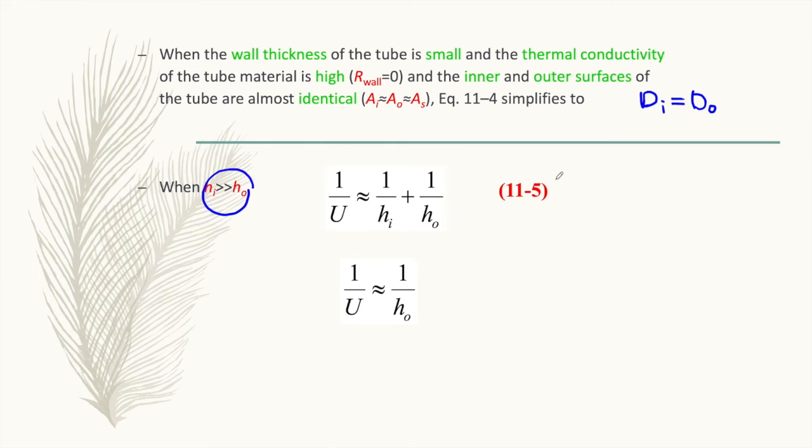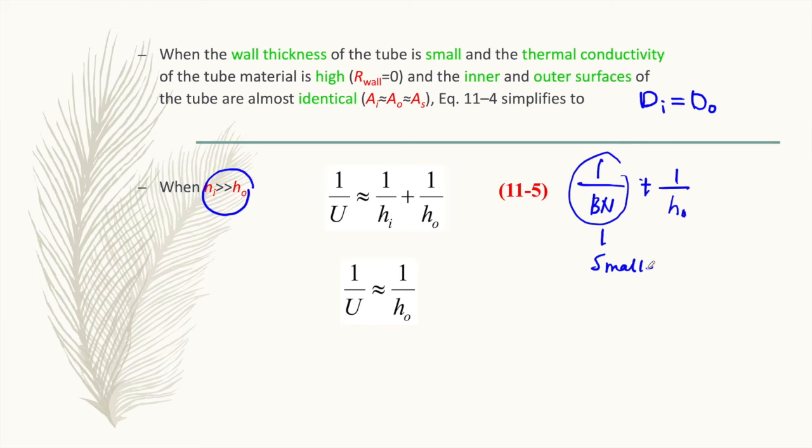So Hi is a big number, and 1 over a big number will be smaller, plus 1 over Ho.